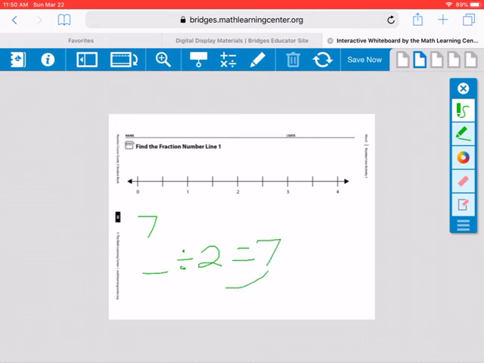Or 7 times 2 equals what? That's right, 14. So 14/2 is equal to 7. So I think we've got a good review on that. I think we remember how to do that.